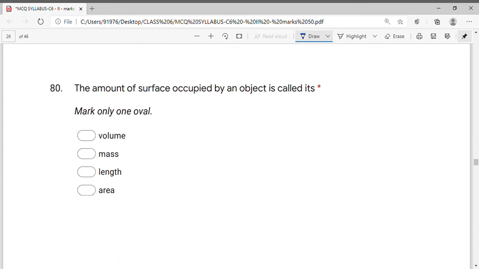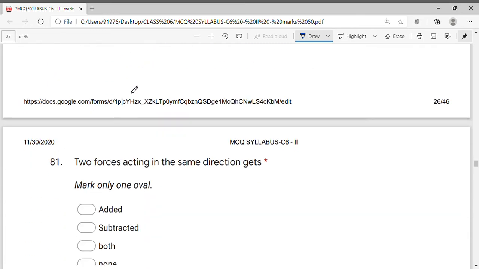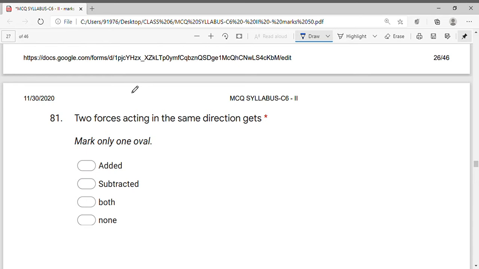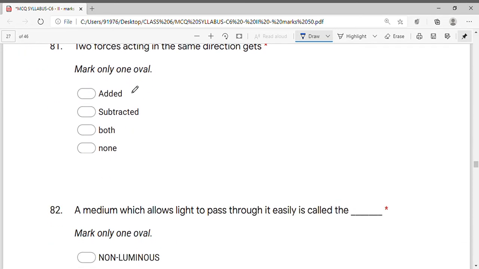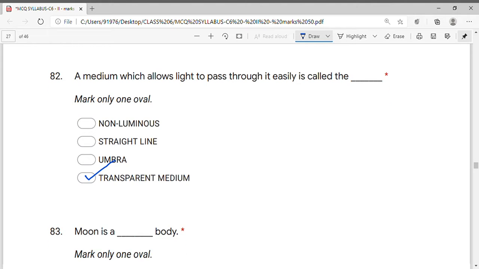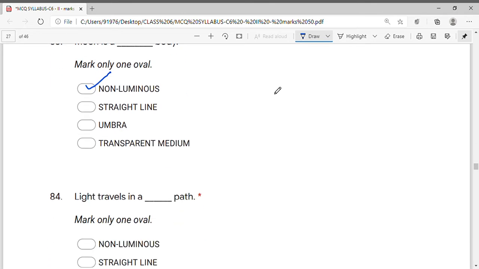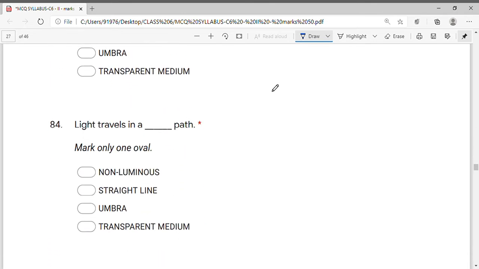The amount of surface occupied by an object is an area. Two forces acting in the same direction will add up. A medium which allows light to pass through it is a transparent medium. The Moon is a non-luminous body; it shines because of sunlight.